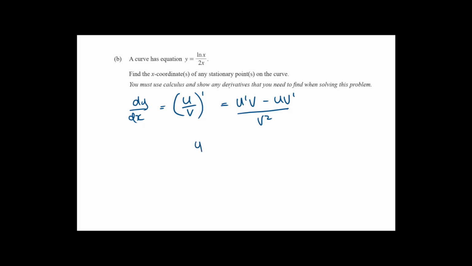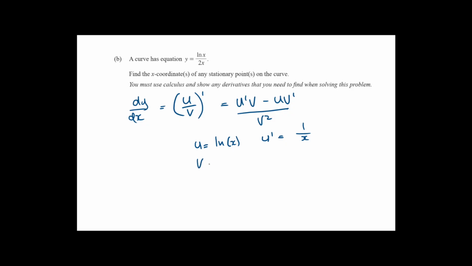All right, so if u is natural log of x, u prime is going to be 1 over x. It should be the absolute value, but the formula sheet that you get doesn't have that.